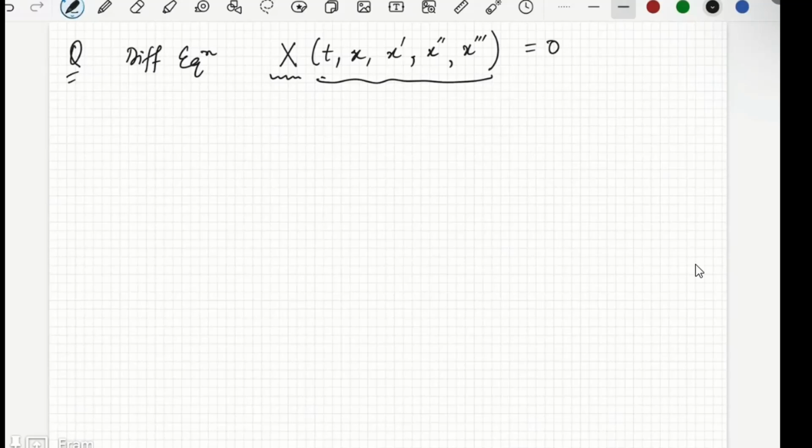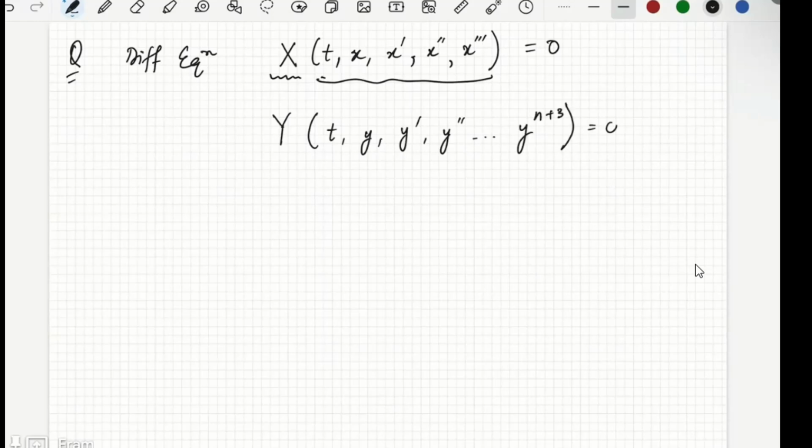Okay, then we have another differential equation, G of t, y, y dash, y double dash, up to y to the n plus 3, this equals to 0.